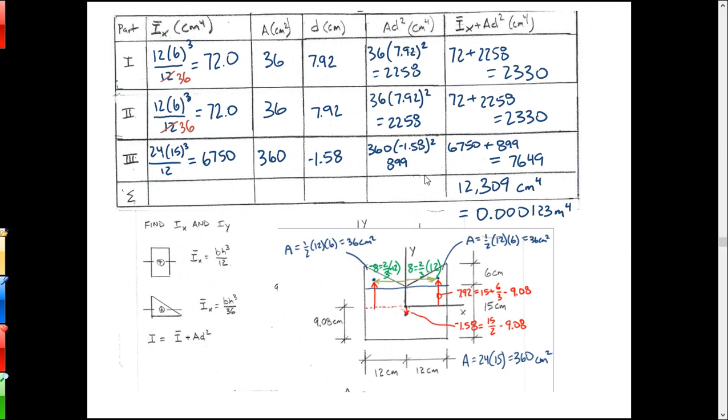So what we got there is I bar sub x. That'll be 12 times 6 cubed over 36 for each of those triangles, and that gets me 72. That's for both of them. The rectangles are named 1 and 2.